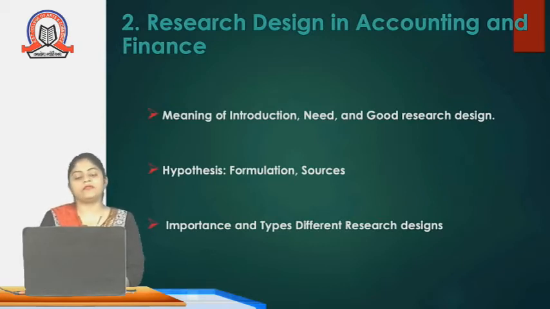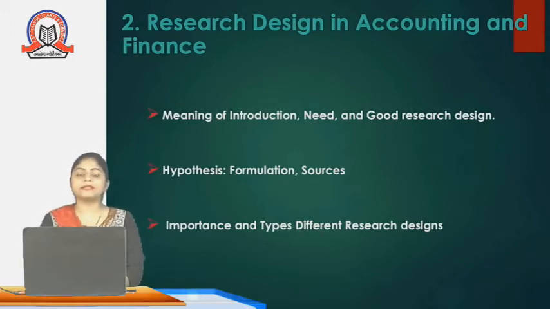The next topic we will learn is the different types of research design, and how researchers make a systematic plan. Not only making the plan, but we also need to implement the plan. Like, what is the research problem, what are the objectives of research, how to frame the questionnaire, how to decide the sample size, types of data collection, how to go for data processing, data analysis, interpretation, testing of hypothesis, and which tool we will use to test the hypothesis.